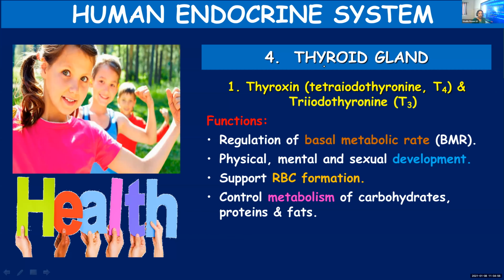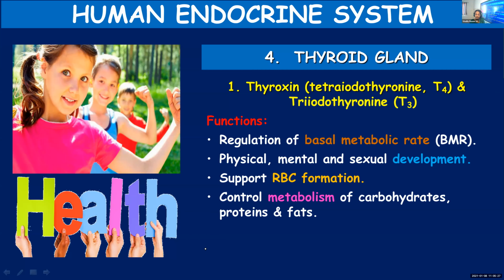Catabolism is breaking down reactions, anabolism is building up reactions, together we call it metabolism. And metabolism of different nutrients, carbohydrates, proteins, fats, is regulated by the hormones released by the thyroid gland, namely triiodothyronine and tetraiodothyronine. They also help in maintaining the water and salt balance, or water and electrolyte balance.